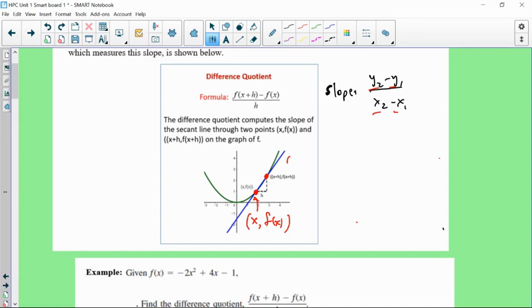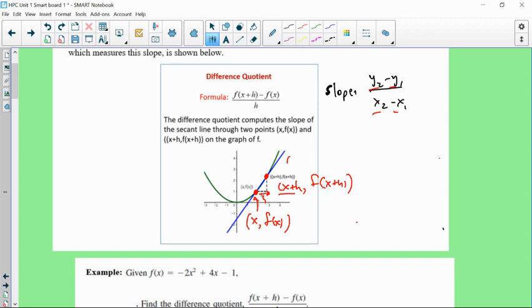And then instead of calling this another x value, it's the initial x plus a little bit more. If that distance is called h, if you go over just a little bit, then this point could be called whatever your x was plus a little bit more, and then it's the function evaluated at that point too, where you take your x plus h and put it into your function.